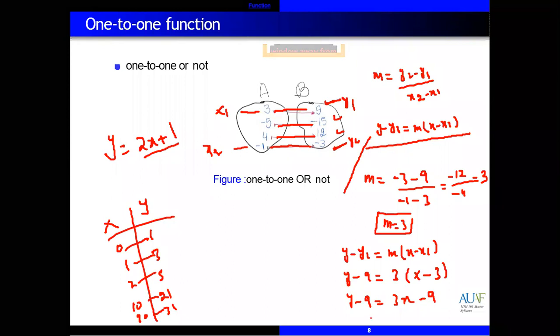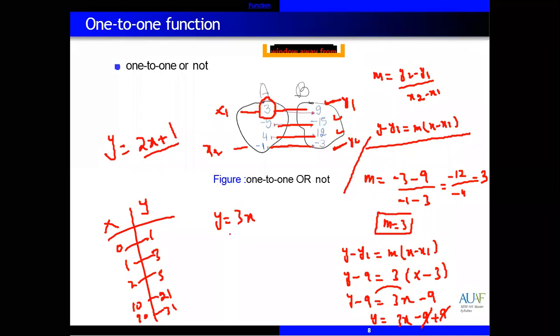So when you transfer, y is equal to 3x minus 9, and this minus 9 transfers to become plus 9, so minus 9 plus 9 cancel. We have the equation y is equal to 3x. Now giving values.